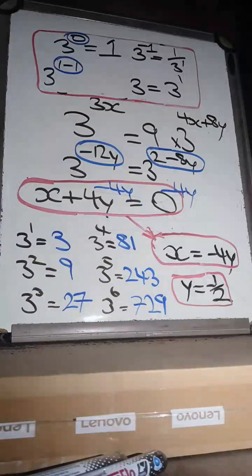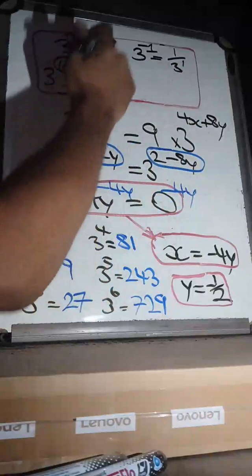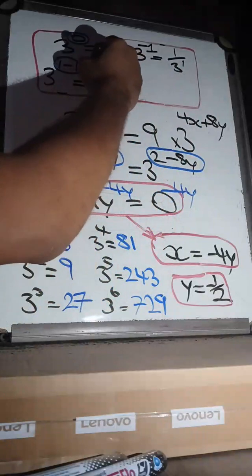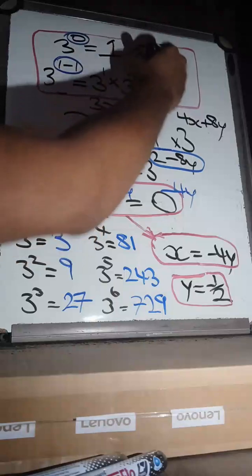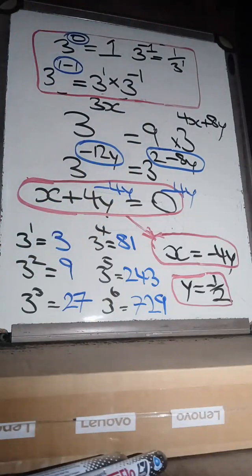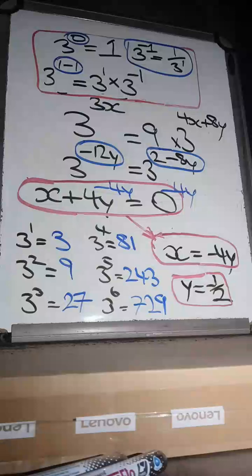So this is the same as saying 3 to the 1 times 3 to the minus 1. But we know that 3 to the minus 1 is 1 over 3 to the 1.